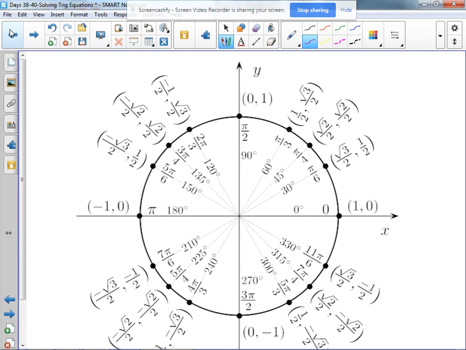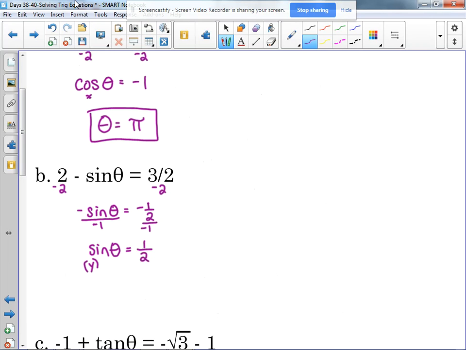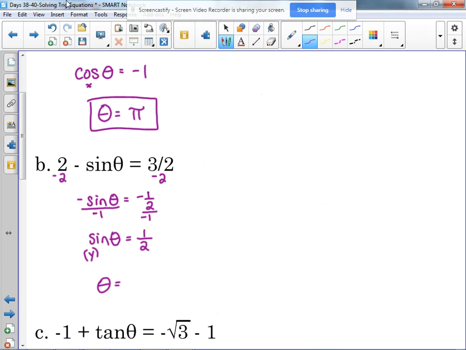Again, don't kill yourself. Think about it first. Positive y's were only in the first or the second quadrant. So positive y value of 1/2 is at pi/6, and it's at 5 pi/6. So theta equals pi/6 and 5 pi/6.